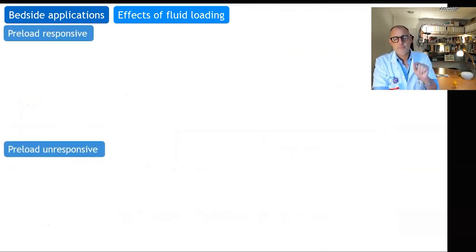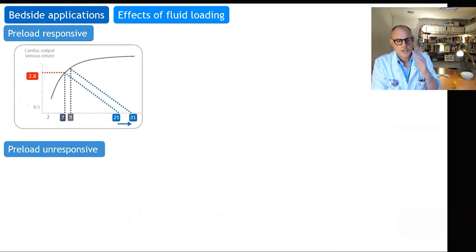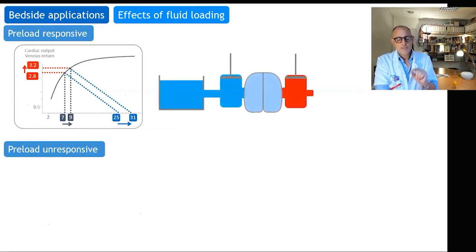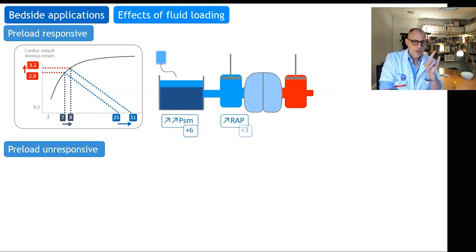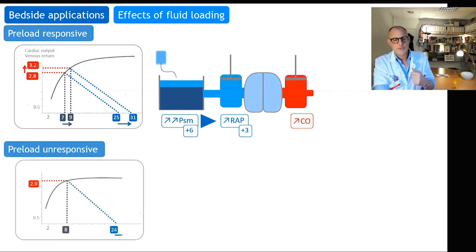It is the response of CVP, of the right atrial pressure. In a fluid responder, because of the slope of the Frank-Starling curve, the mean systemic pressure increases, but the right atrial pressure, the CVP, increases to a lesser extent. The pressure gradient between mean systemic pressure and right atrial pressure increases. It means that cardiac output and venous return will increase.